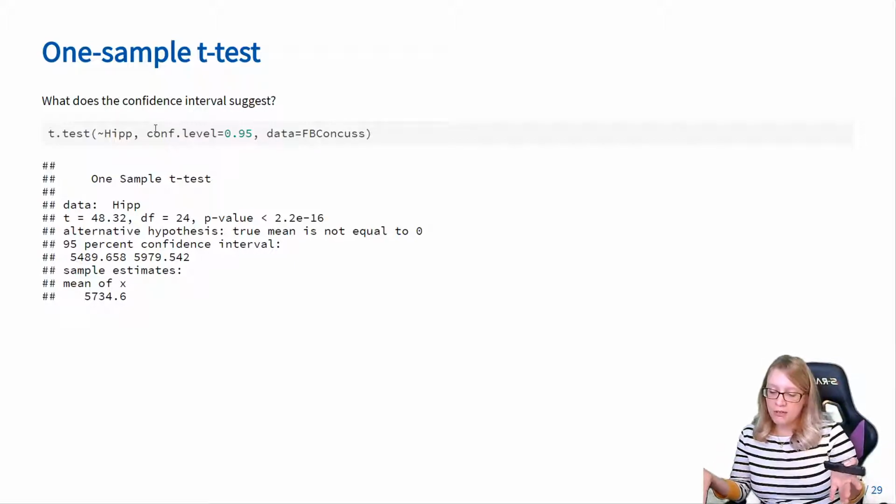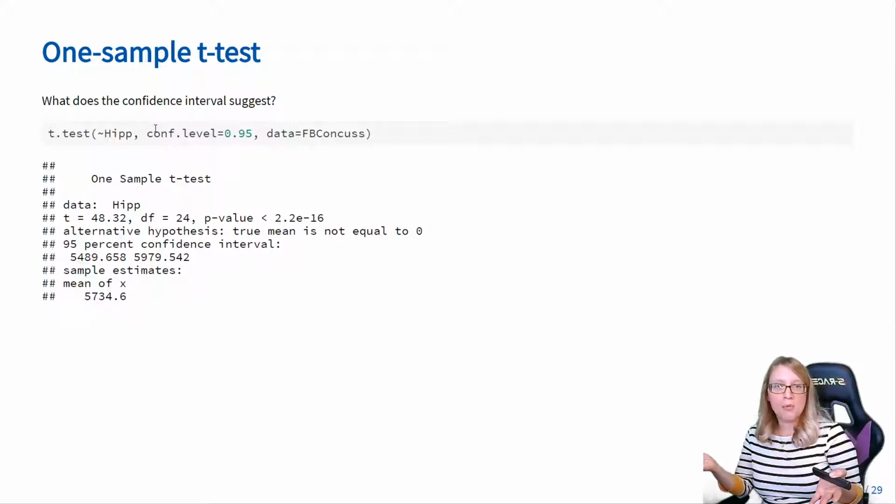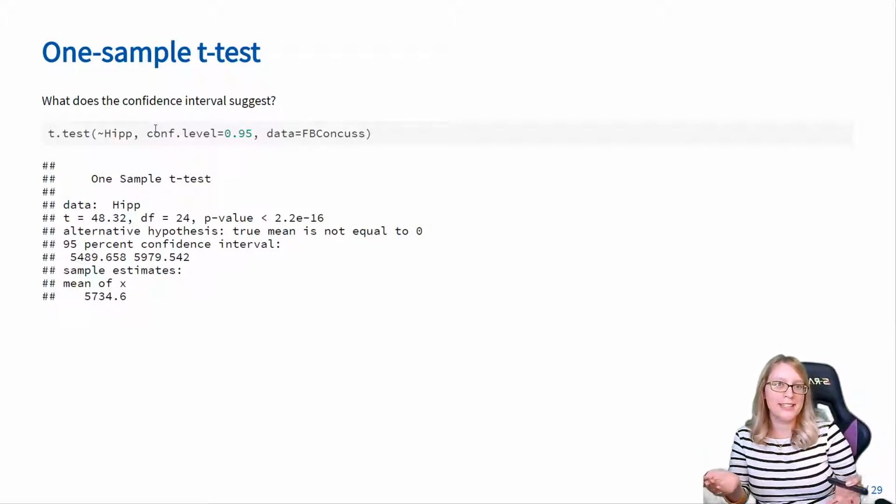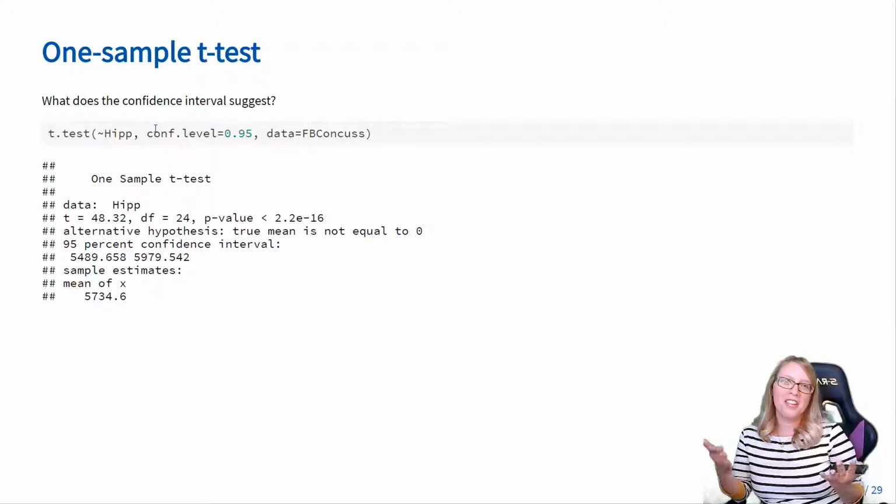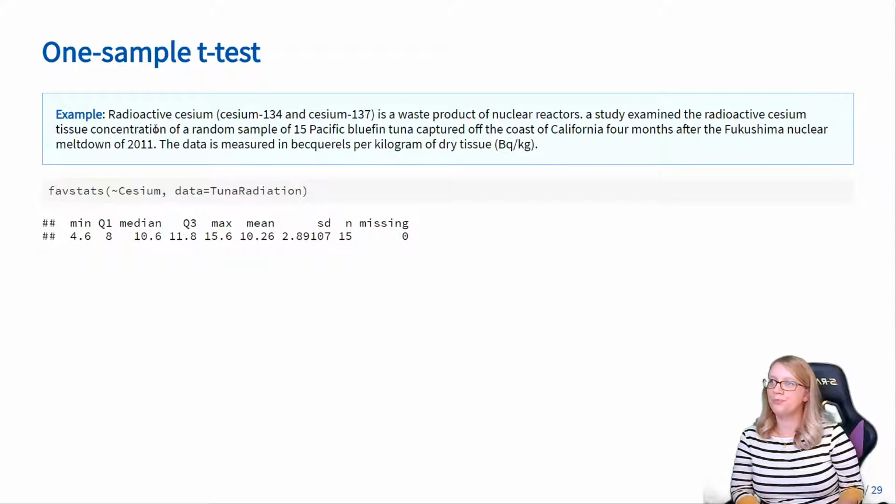Now, for a lot of reasons, a hippocampus volume of 0 microliters is not clinically relevant, not of interest, not possible. Plus, since we're looking for the confidence interval anyway, we don't particularly care that R is assuming 0 here. But that's just an interesting quirk of the output to look for.